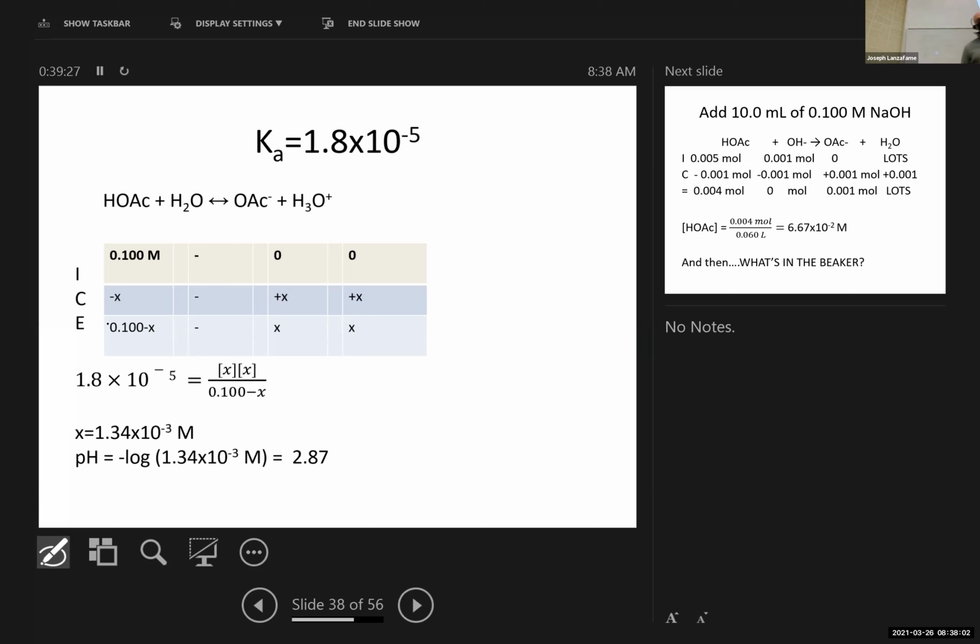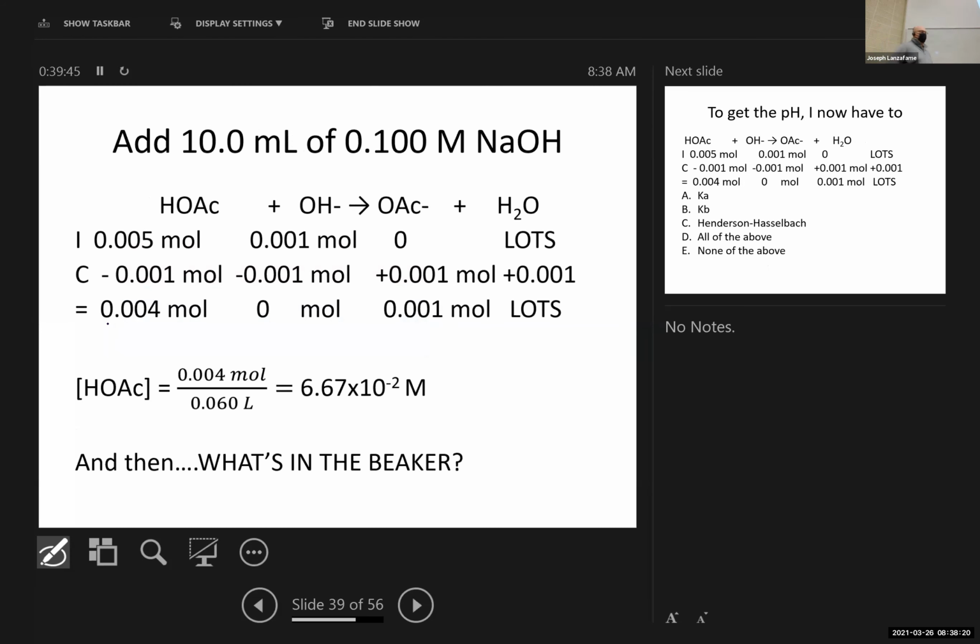So already the shape is a little different than it would be if it was a strong acid and a strong base.